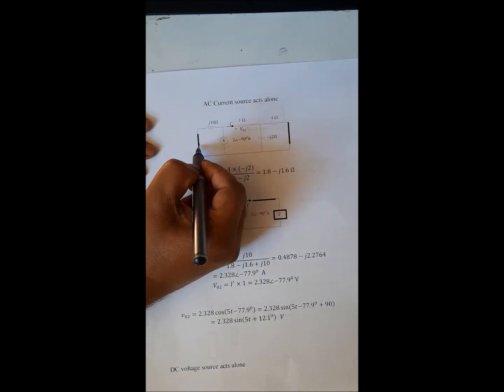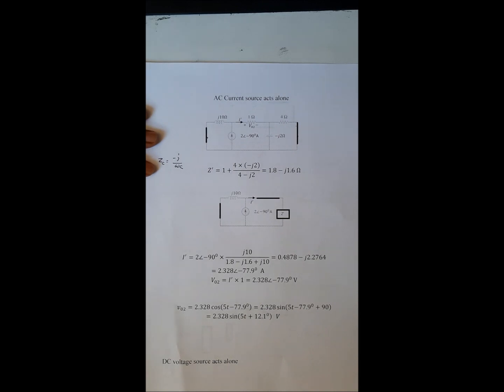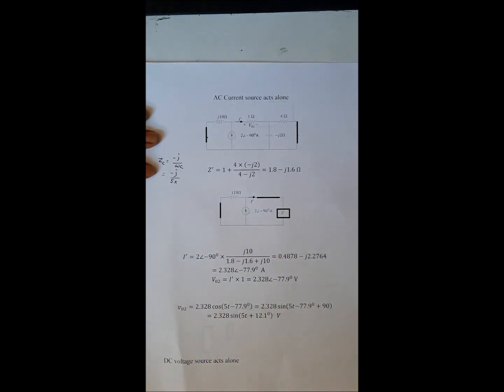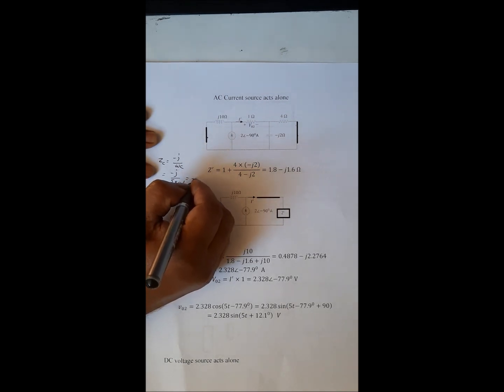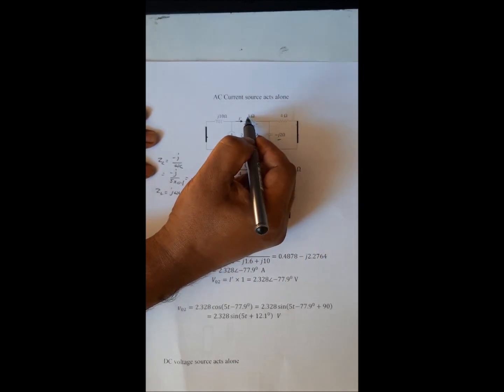So I shorted the AC voltage source, also the DC voltage source, and this time ZC will be minus j over omega C. The current source has a frequency of 5, so it will be negative j over 5 times 0.1, so that is negative j2 ohms, and ZL will be j omega L, 5 times 2, so 10 ohms. So we have j10 ohms here, negative j2 ohms here, and the resistances.